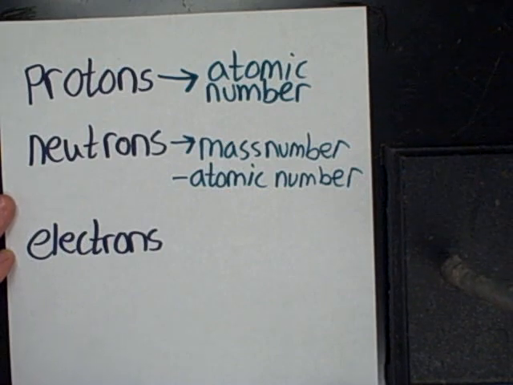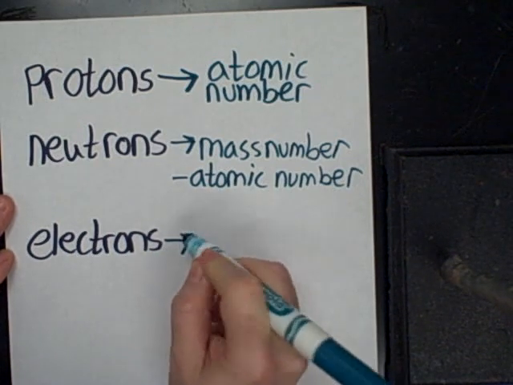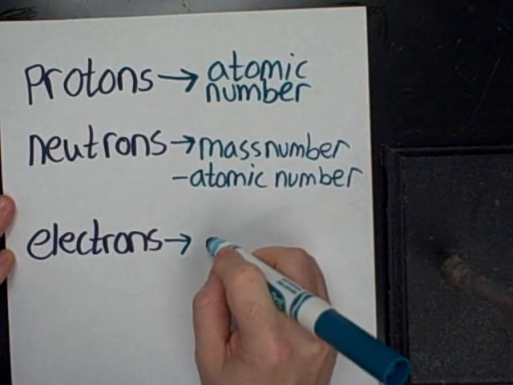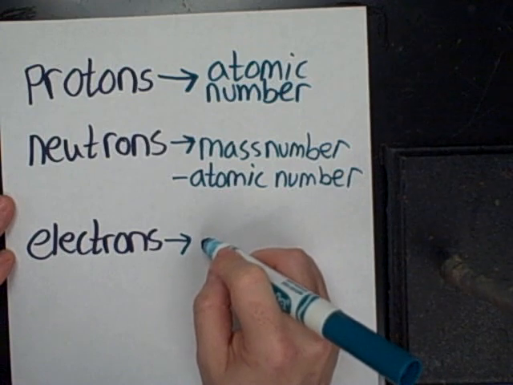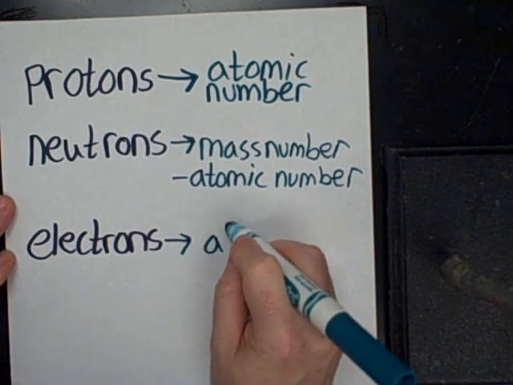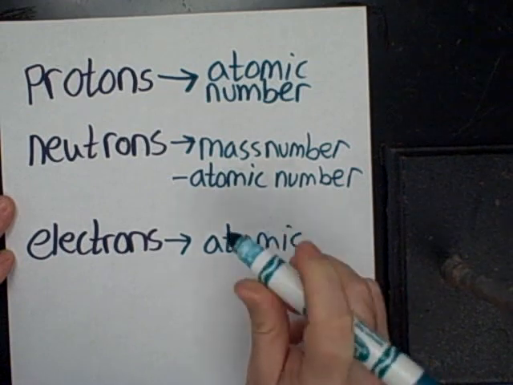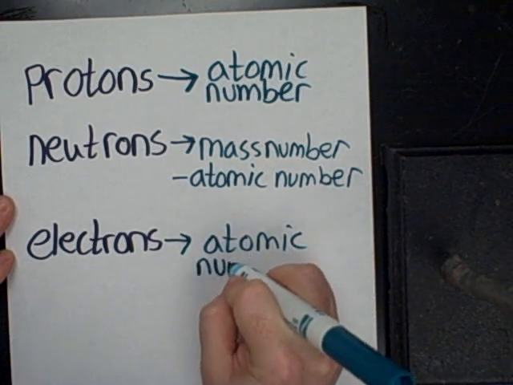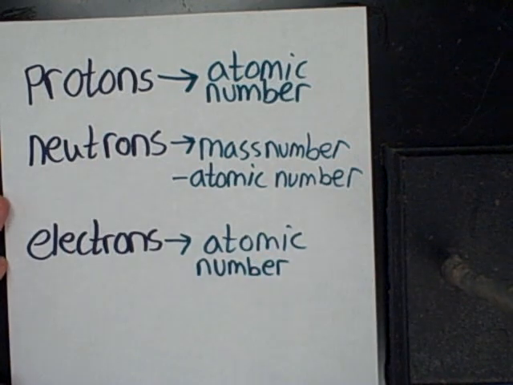Now, for the electrons, there's two different possibilities. If we have a neutral atom, the number of electrons is the same as the number of protons because they cancel each other out. So if you have a neutral atom, your number of electrons will be the atomic number. But what if you don't have a neutral atom?